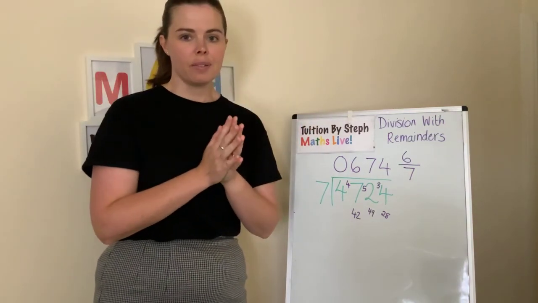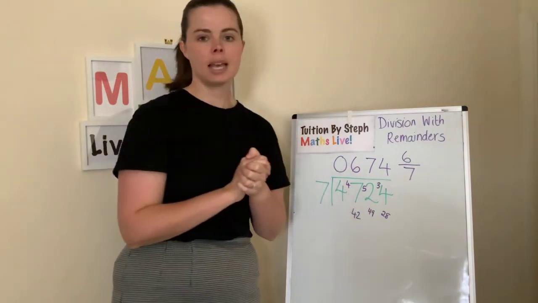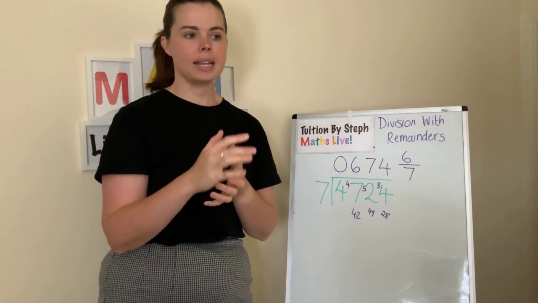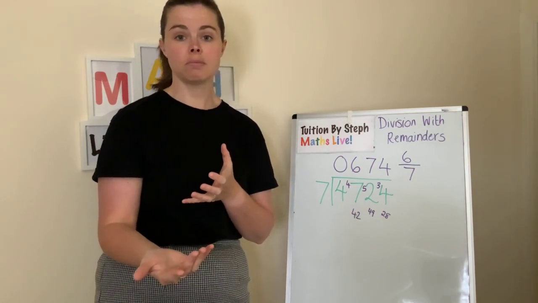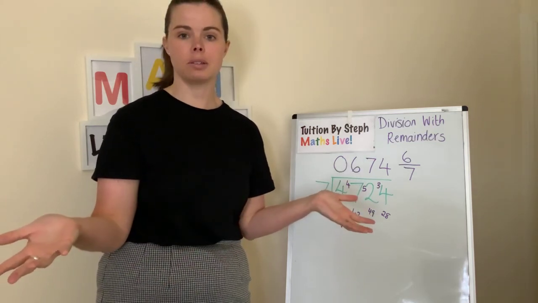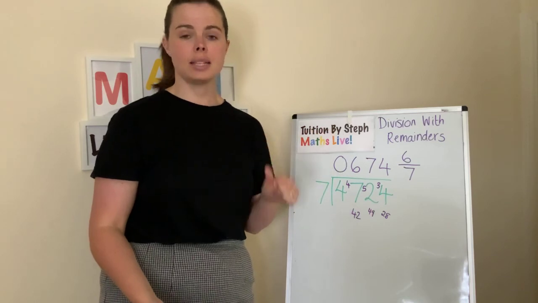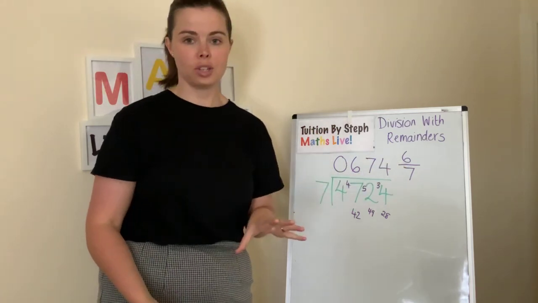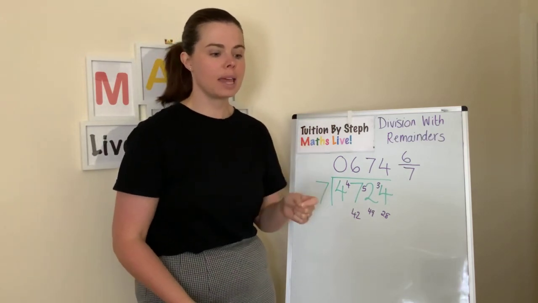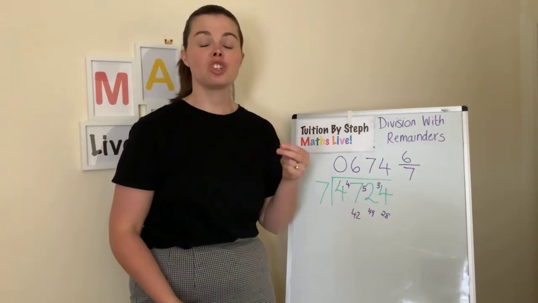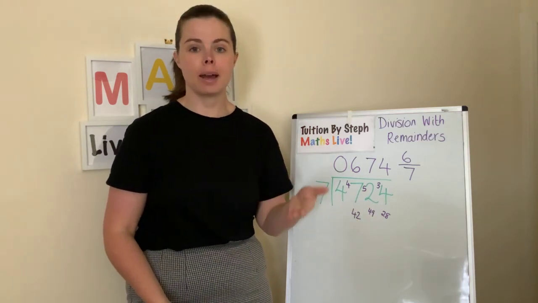I believe that if you get a question like this in a test, and it just asks you to complete the calculation, okay? You can put your answer as either a decimal or a fraction. If it asks you to complete this calculation and give your answer to 2 decimal places, you have to do it by a decimal.